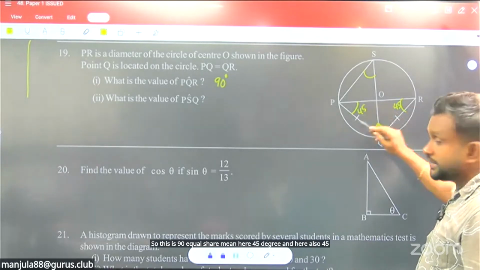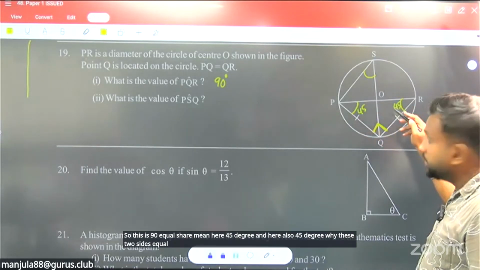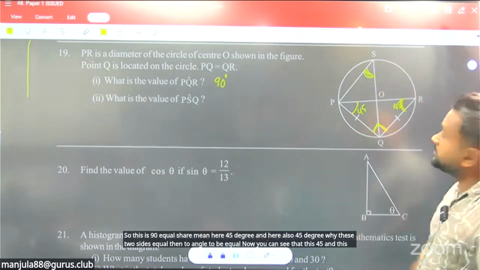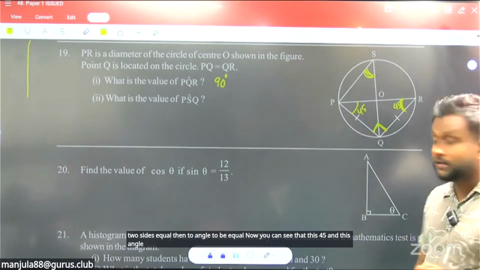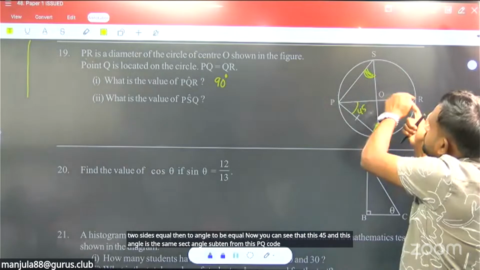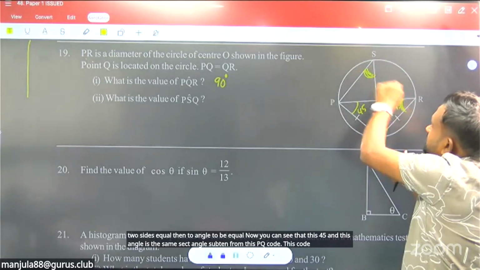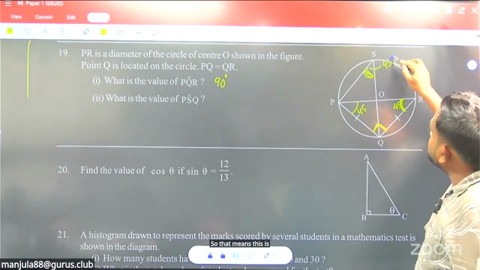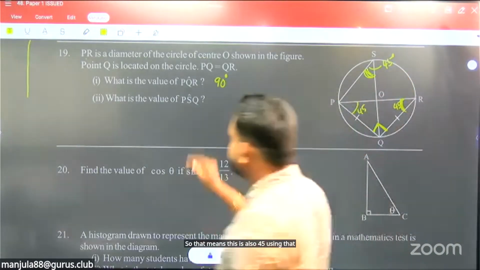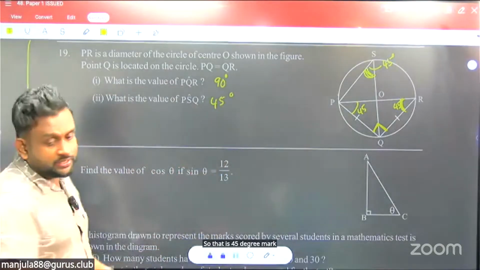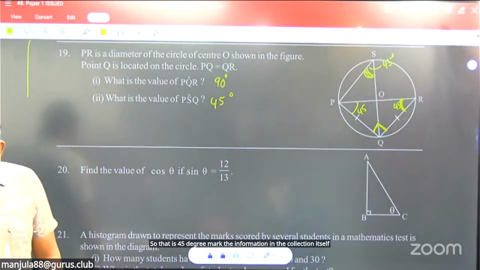Why? These two sides are equal, so the two angles are equal. Now you can see that this 45 and this angle are the same segment angles subtended from this PQ chord. So that means this is also 45 degree, using the same segment angle. Mark the information in the question itself, then those would be the steps.